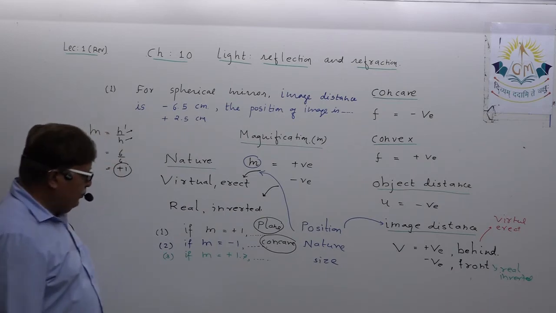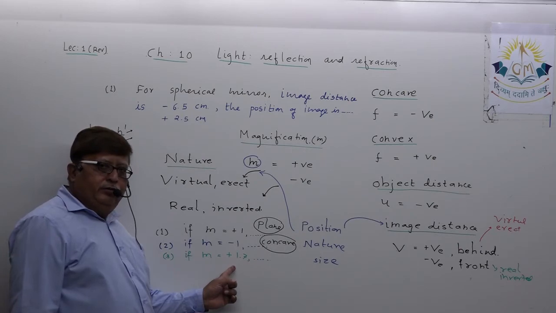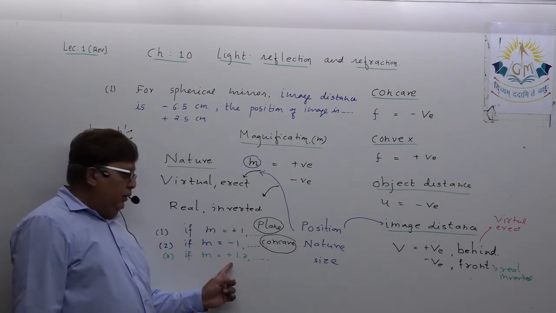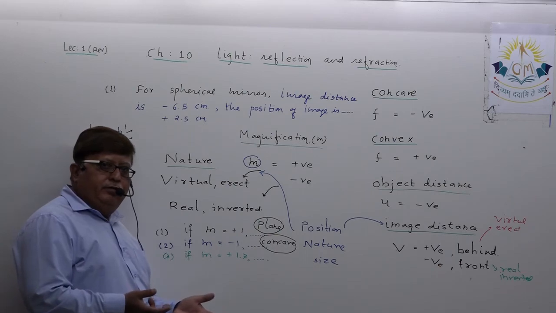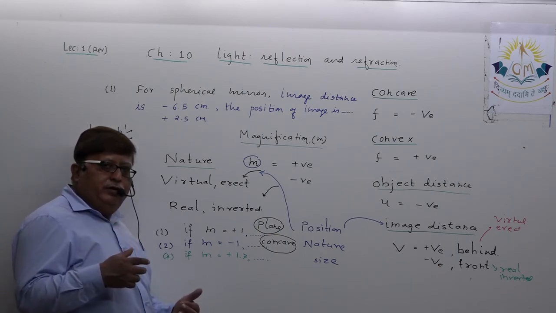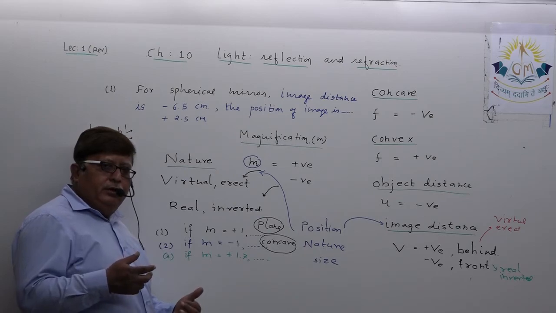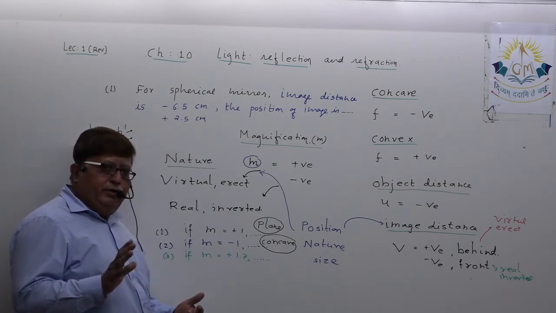Okay, the value of m, you must have guessed, is 1.7, obviously greater than 1, and when the value of magnification is greater than 1, image is always larger than the object. That's clear.